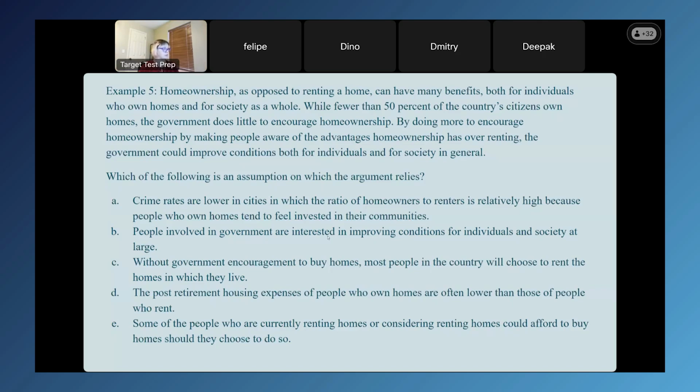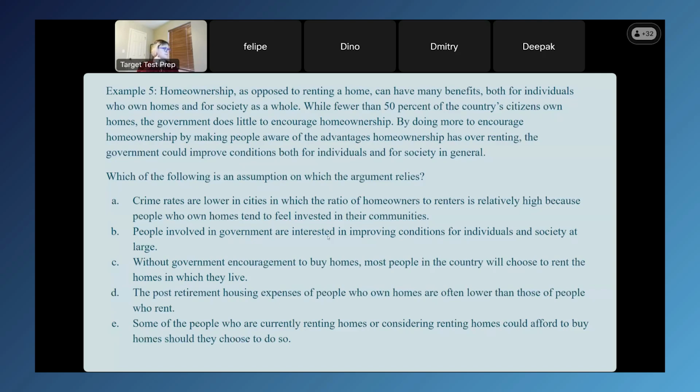C, without government encouragement to buy homes, most people in the country will choose to rent the homes in which they live. This isn't a necessary assumption. This seems more like it could be a conclusion of the argument.